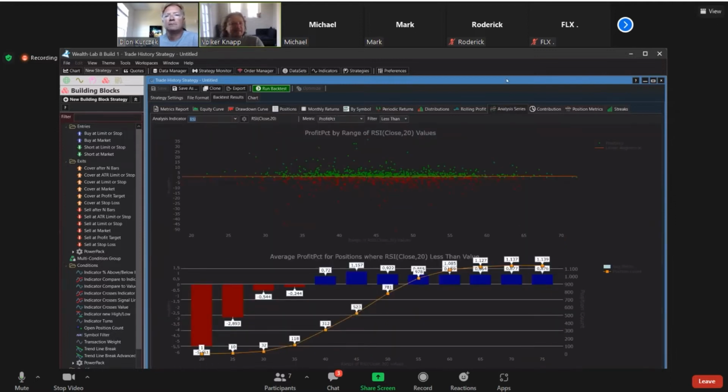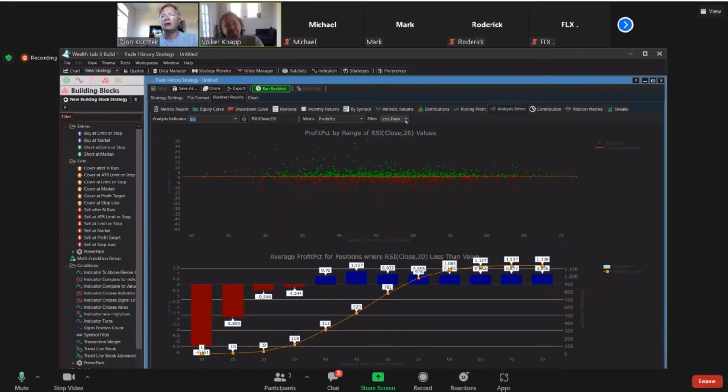Yeah. So this is the analysis series. Each of these tabs here that Volker's clicking through are Wealth Lab performance visualizers. Each of them shows the performance of the strategy in a different way. So we've got the equity curve, the drawdown, the metrics report. This one is analysis series. It lets you see the potential effect of filtering the trades by another indicator.